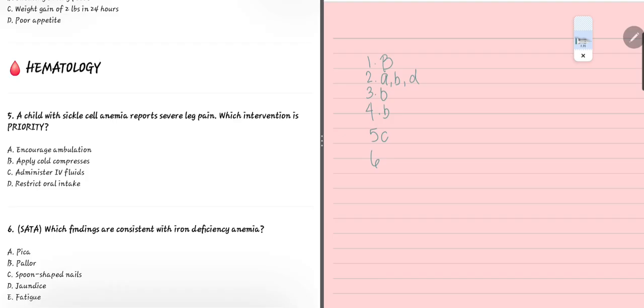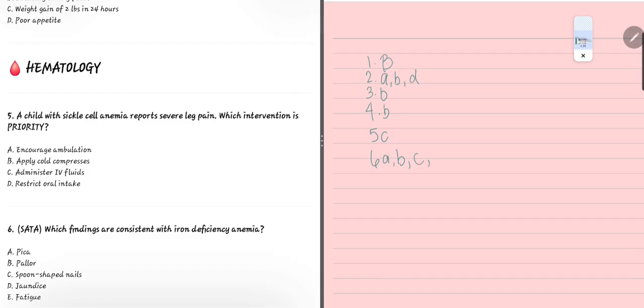Iron deficiency anemia. So I'm definitely going to say A. Pretty sure it's that. Pallor, yeah, I think also pallor. C. Spoon-shaped nails. Yes, I think yes.